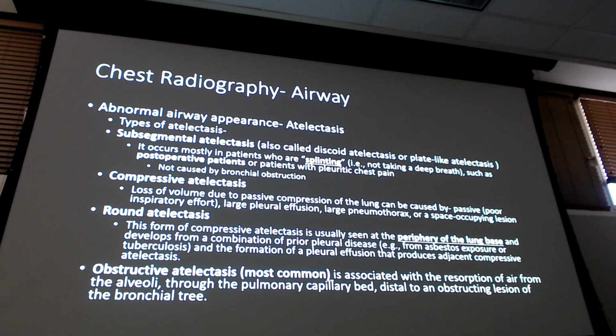There are different types of atelectasis. Obstructive atelectasis is the most common type of atelectasis, primarily because obstructive doesn't always mean a foreign body, right? If I have pneumonia and there's fluid in that and it blocks it up, that's obstructing the airflow, right?